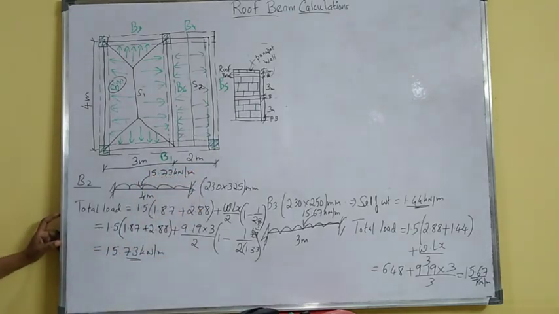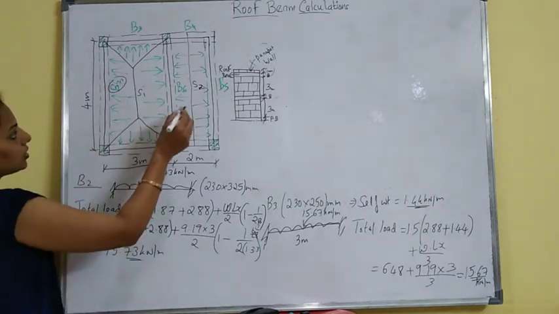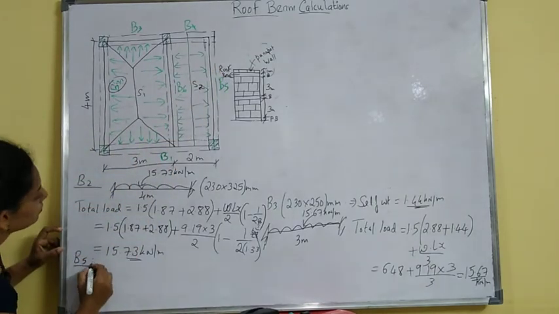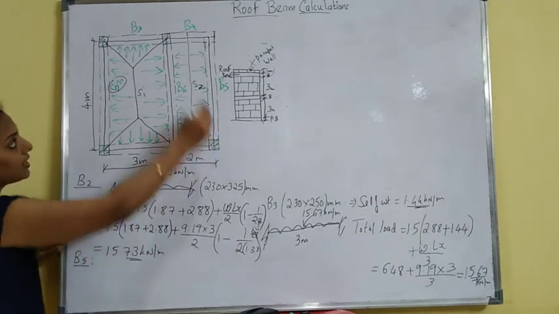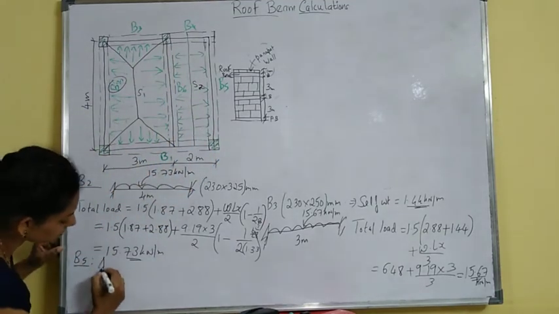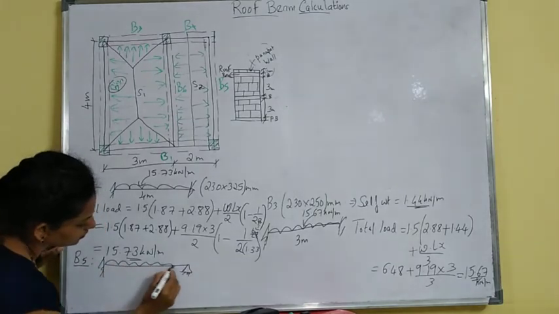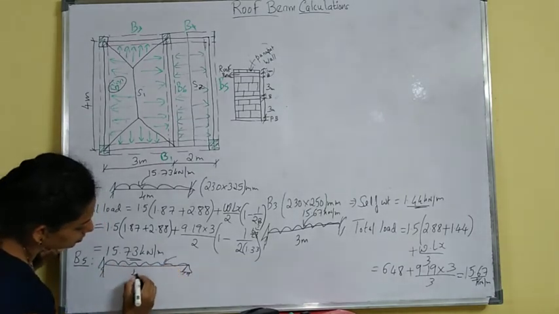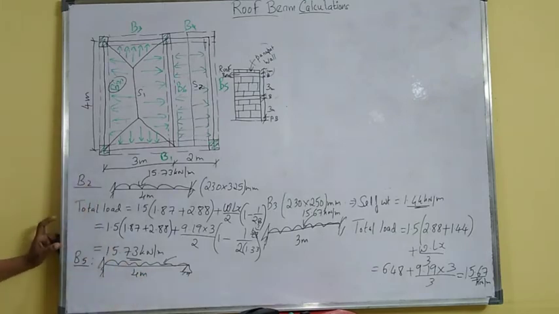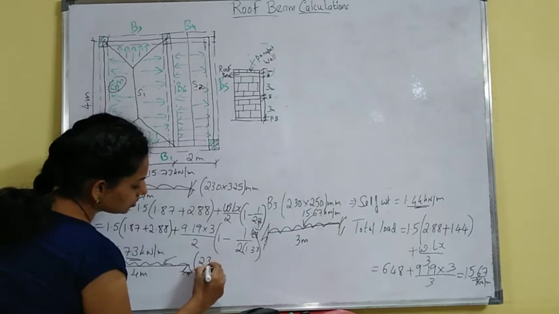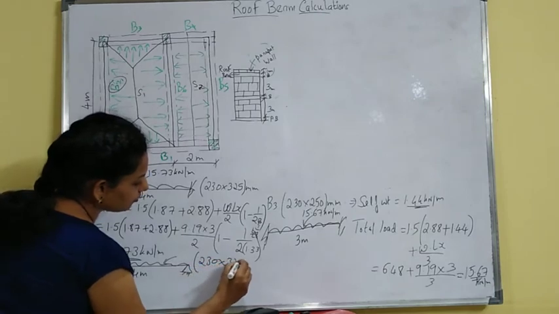Next we will see the next beam, that is B5. Here one end is fixed and one end is hinged. It's a propped cantilever. This is 4 meter. The beam size is the same, 230 by 325.